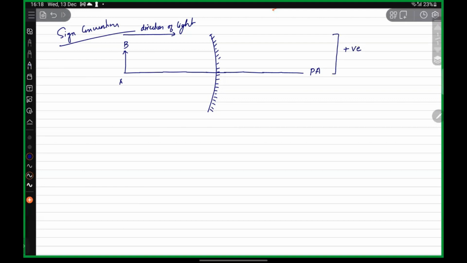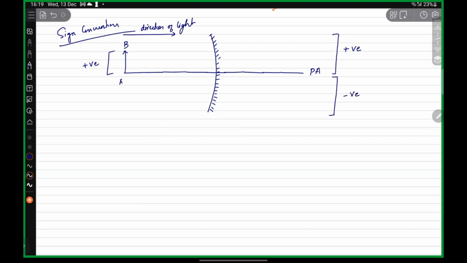So if you had to represent the height of this object, that would be a positive quantity. Everything above the principal axis is considered to be positive. So every height, object height, or even if an image is formed above the principal axis, that height of the image will be considered positive. Correct? Anything below the principal axis will be considered negative.